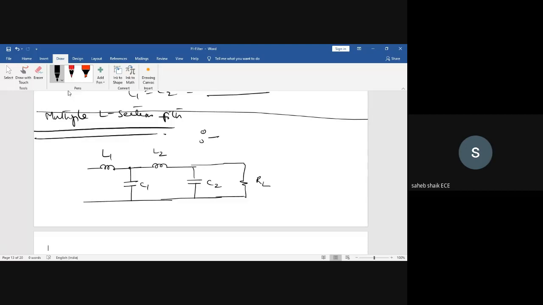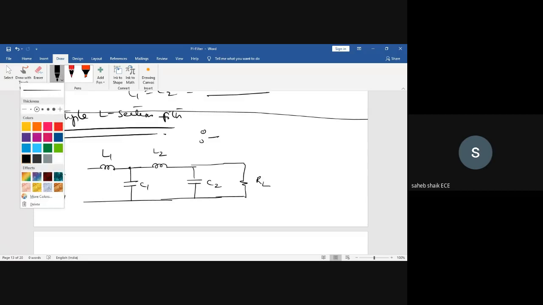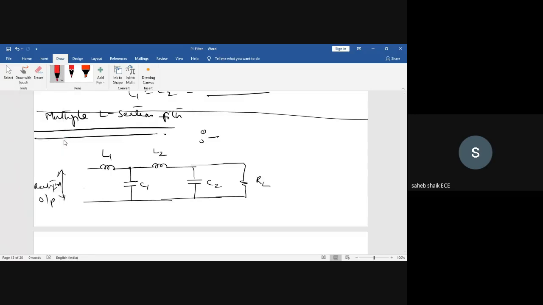Here, this is the rectified output. Next are the respective terms. Here this is I1 and this is I2, and across this one this is VC1, and across this one this is VC2.